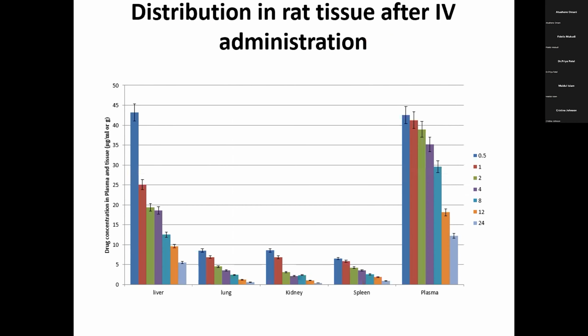And we confirmed this with IV administration, where there is less chance for the formulation to reach the lung rather than the liver, spleen, and kidney, and the maximum amount was reached in the plasma.